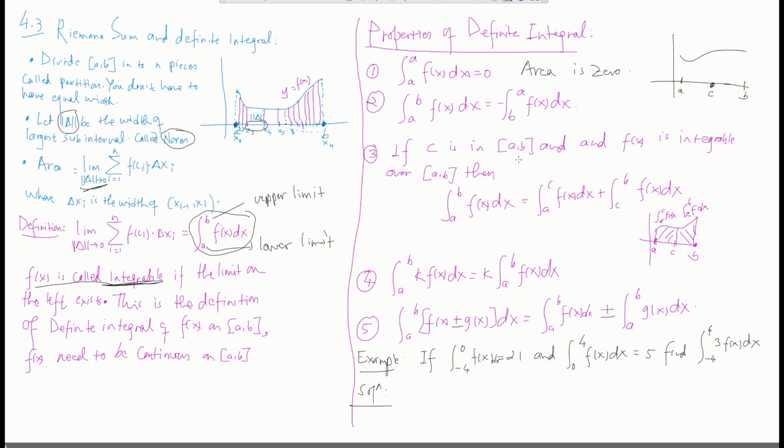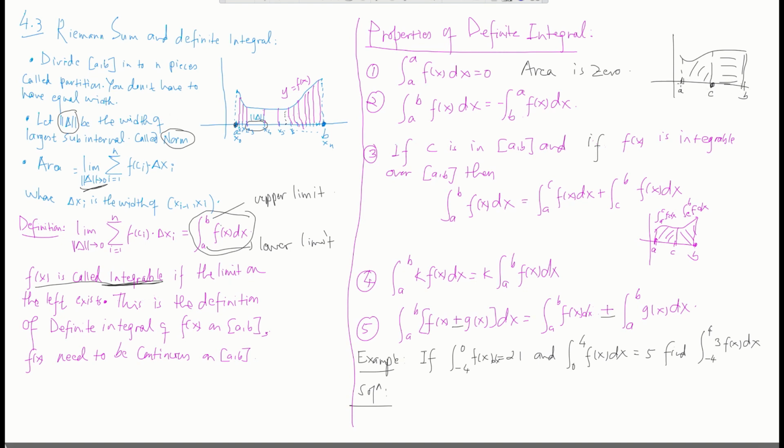If f(x) is integrable over [a, b], meaning this area is finite and this area is finite, then the integral from a to b of f(x) dx can be divided into two pieces.